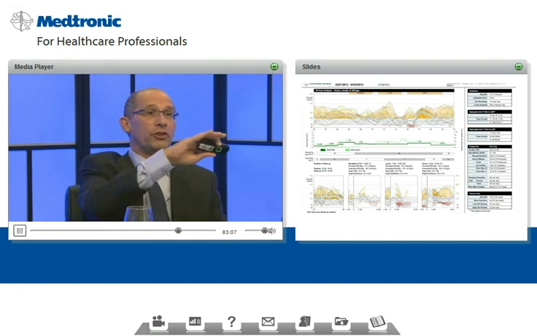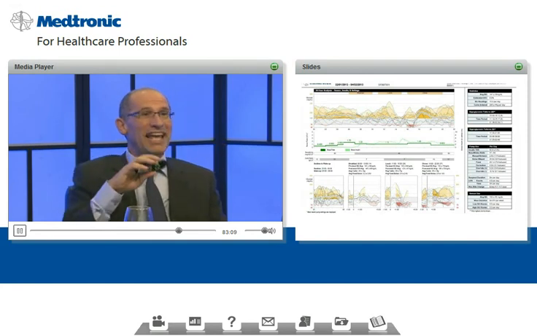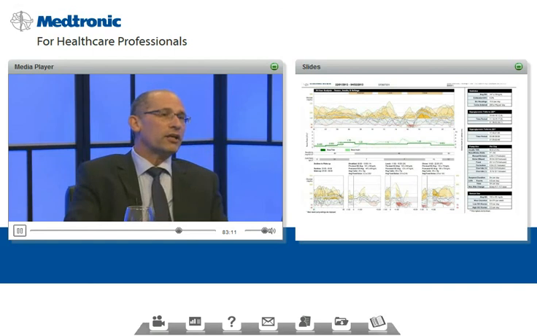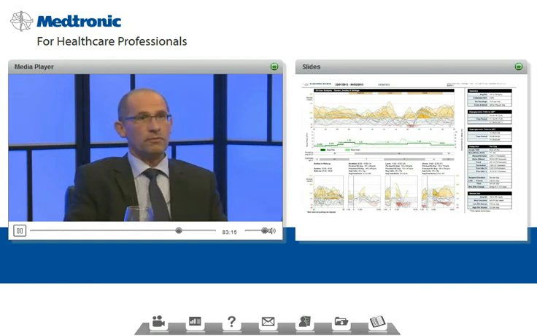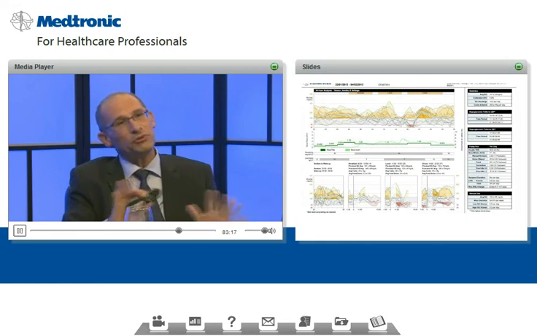Again, you have the thick line, which is the basal insulin, and you have the dotted line, which is the active insulin representing the bolus, which might help you get into the question.